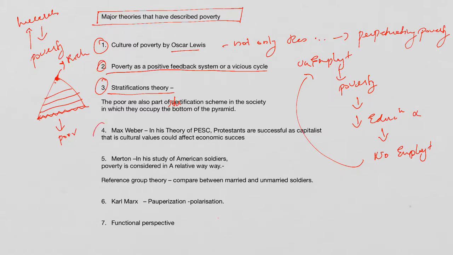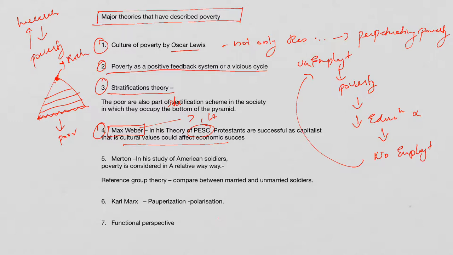Fourth one, we'll talk about Max Weber. Weber has come up with a new concept: your cultural values will affect your economic success, and you can come out of something called poverty. According to Weber's Protestant ethic and spirit of capitalism theory, Protestants are successful as capitalists, that is, their cultural values could affect their economic success. He has also studied Judaism, Hinduism, etc., and he found that we don't have that social spirit in these religions, so that we can account for success through capitalism.